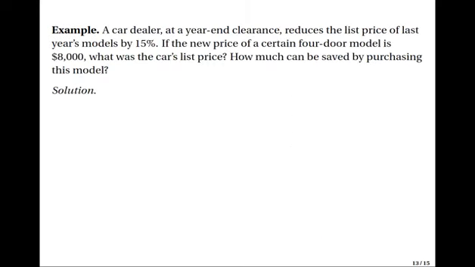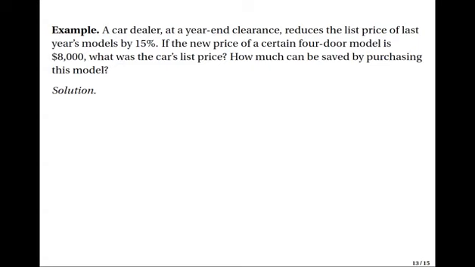Let's look at this problem. This will be the last problem for this session. So a car dealer at a year-end clearance reduces the list price of last year's models by 15%. If the new price of a certain four-door model is 8,000.